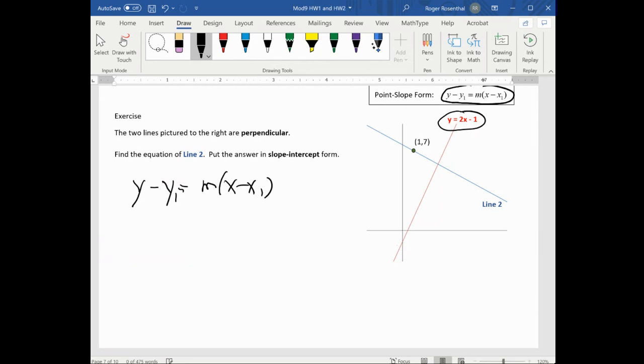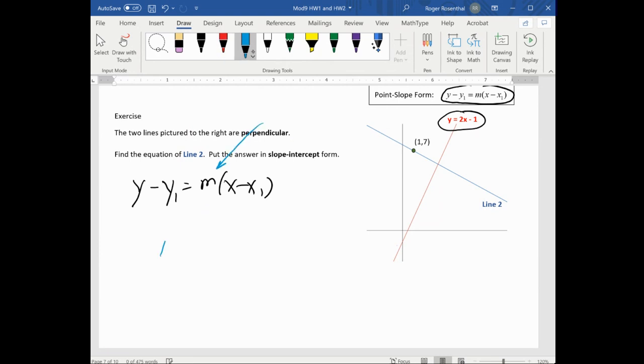So we know that this is our formula. Now, what do we need when we use this formula? We need to find y sub 1, m, and x sub 1. Once we find those, we'll put them in, we'll simplify, and we'll be done. And when I say simplify, we'll put it in slope-intercept form because that's the way it's being asked to be put. Be careful.